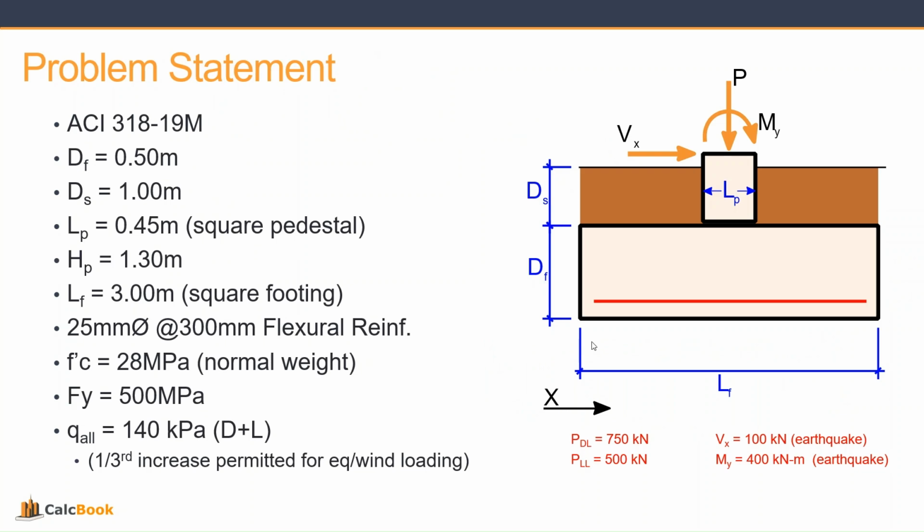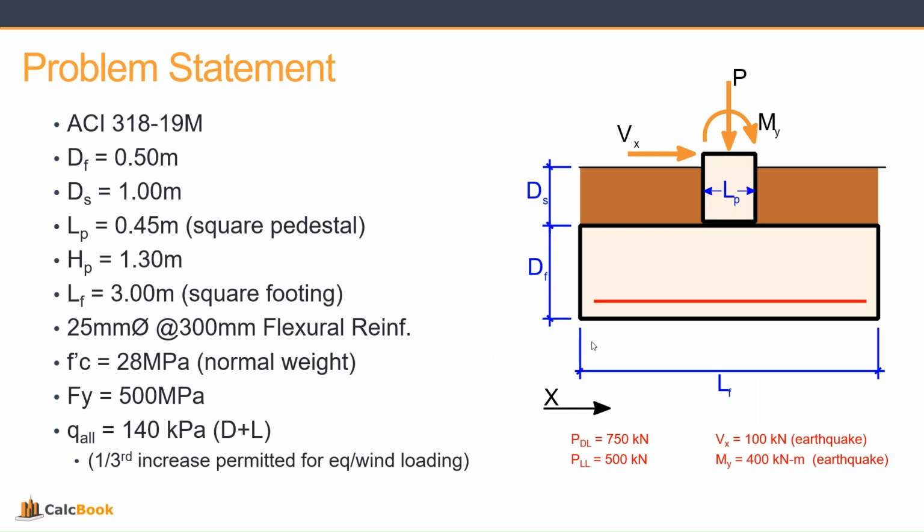The height of our pedestal is 1.3 meters, so it's sticking up above the soil a little bit. The length of our footing in each direction is 3 meters, so it's a square footing. We've got 25 millimeter diameter rebar spaced at 300 millimeters. And our concrete strength, f'c, is 28 megapascals, normal weight concrete, and our steel strength is 500 megapascals.